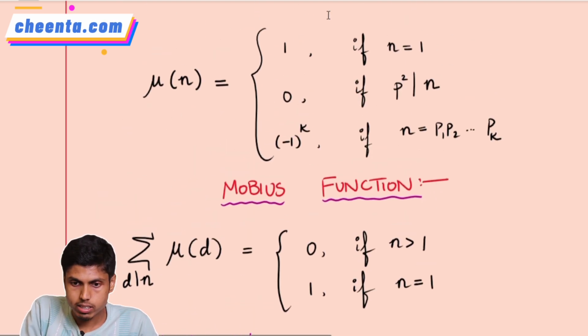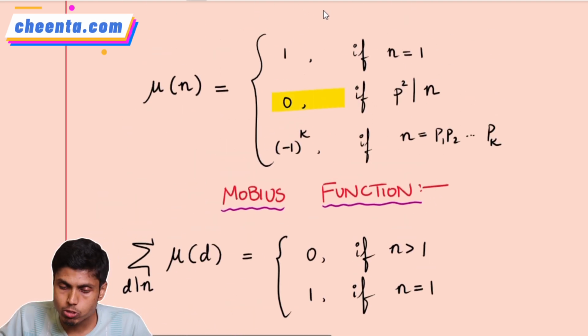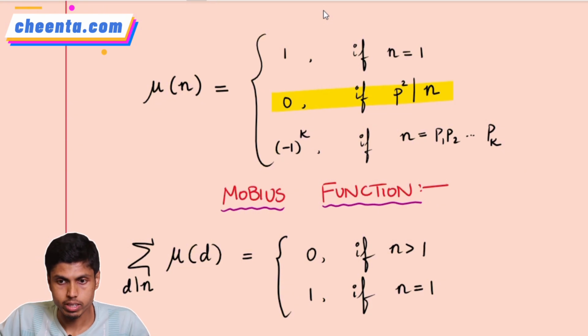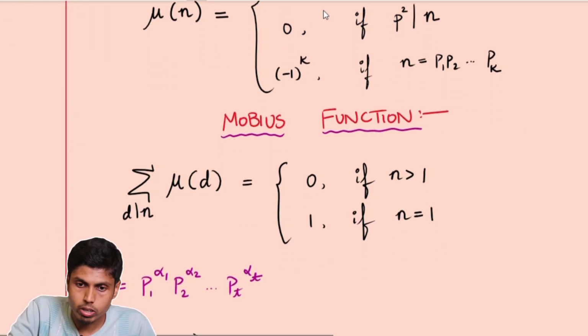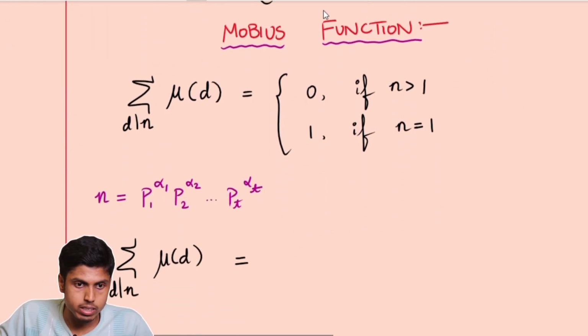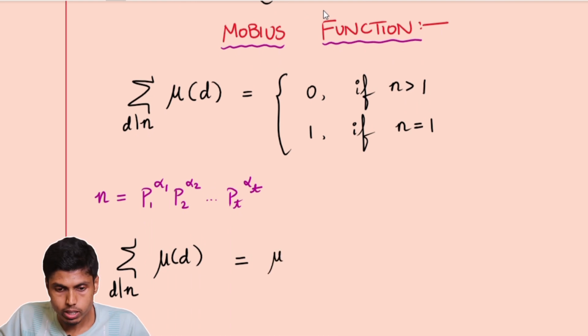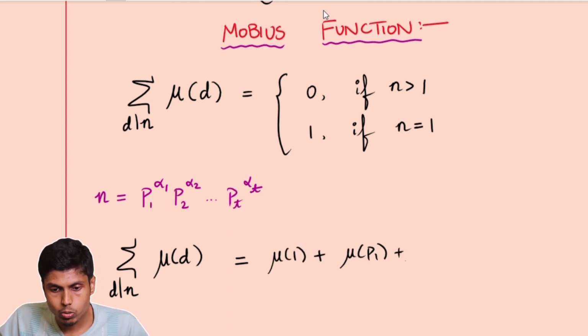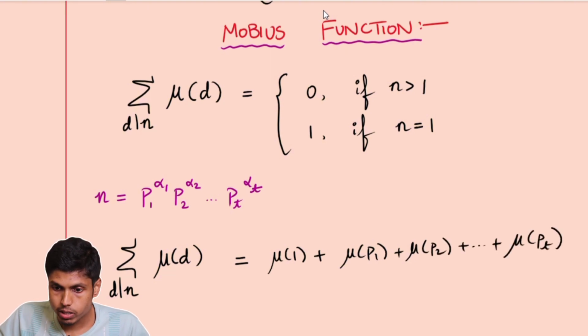So let's recollect. In the definition, mu assumes 0 if n is not square free. So let's disregard all the non-square free divisors. This gives us mu of 1 plus mu of p1 plus mu of p2 and so on till mu of pt. This is primes taken 1 at a time.